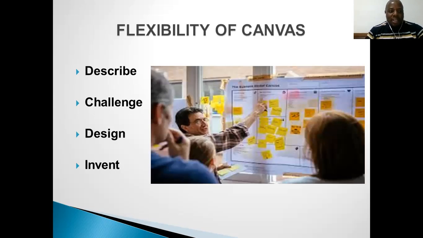And ultimately, we can use it to invent a new business model. So why the word canvas? This is because you can paint out a business model or a new business model and make it tangible.